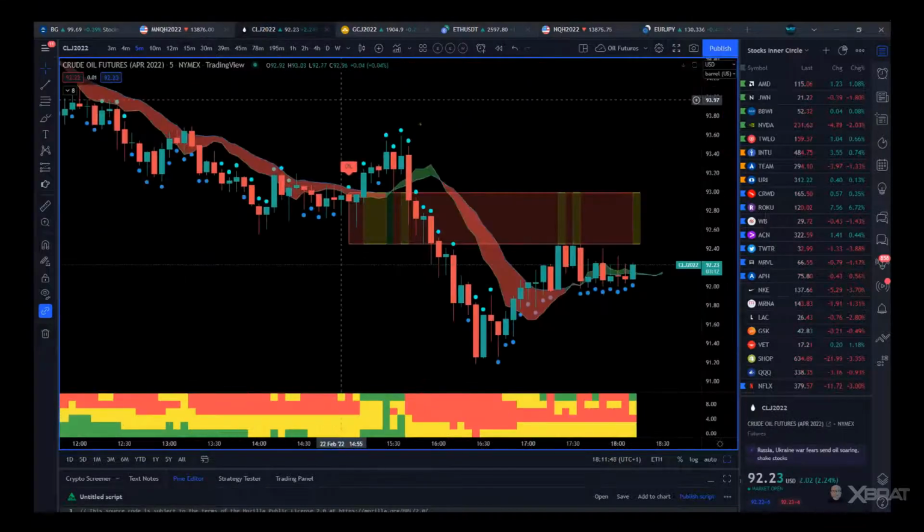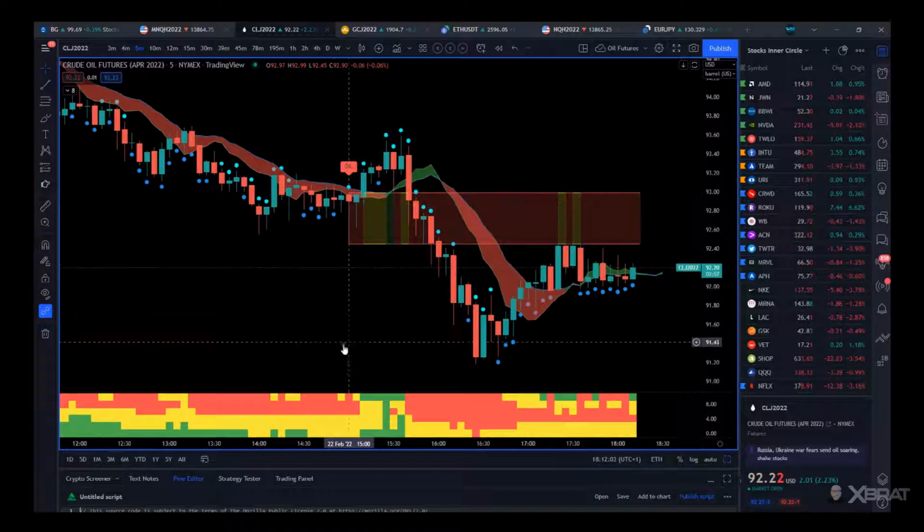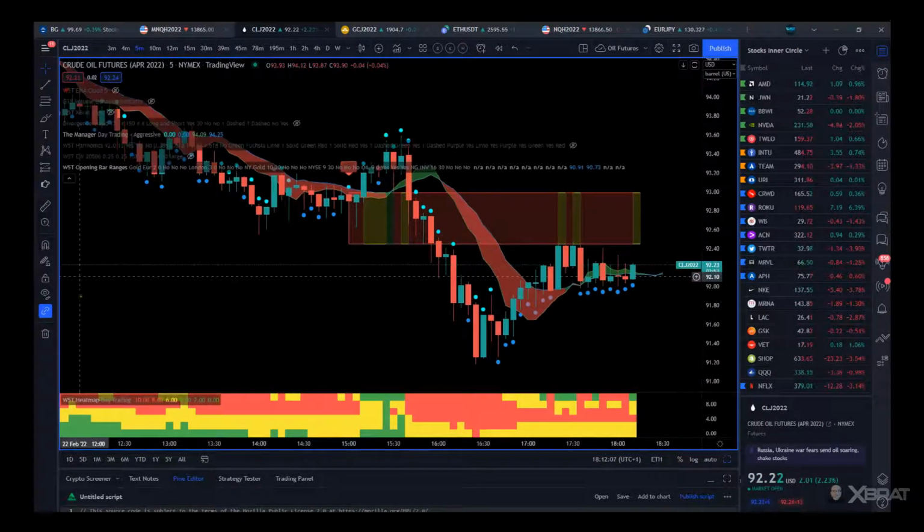Totally different strategy now: oil, the range breakout strategy. When we get that oil opening range, we can see here that the tag is red, so we're only looking for shorts. When we look down at the bias heat map, this is on the 5 minute, so the setting we've got is day trading.